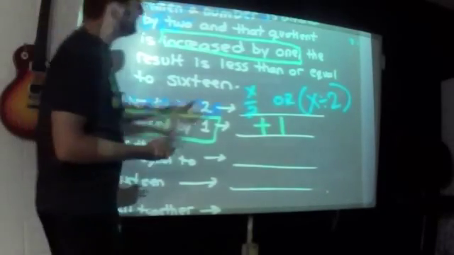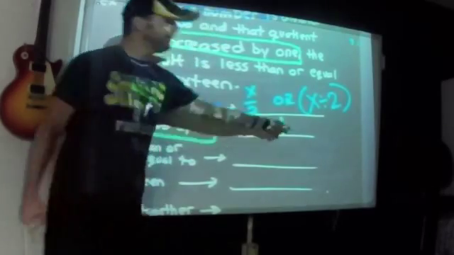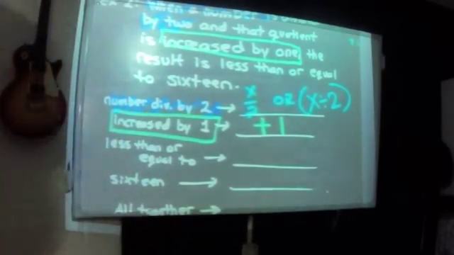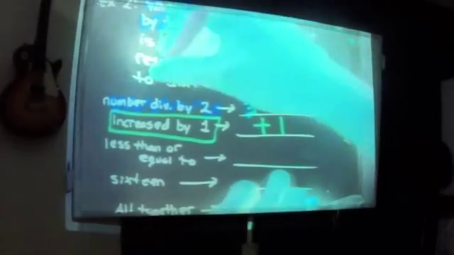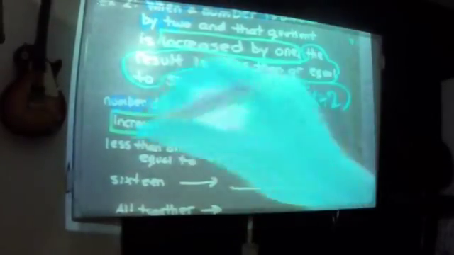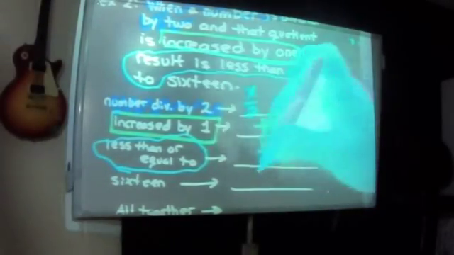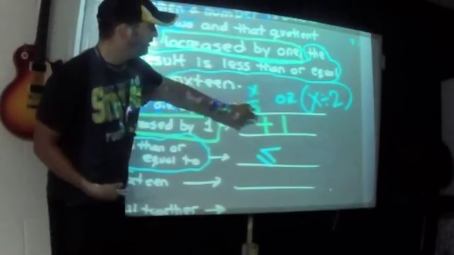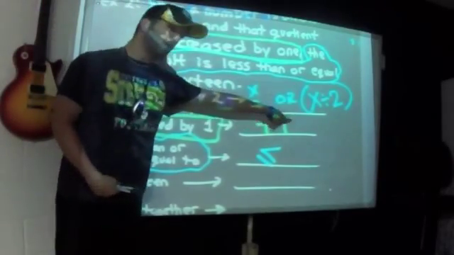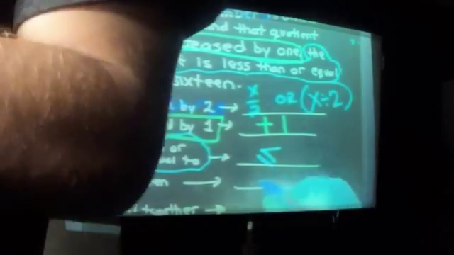So when a number is divided by 2, and that quotient is increased by 1, the result is less than or equal to. All this together. When the number is divided by 2 and that quotient is increased by 1, the result is less than or equal to 16, which is just the number 16.